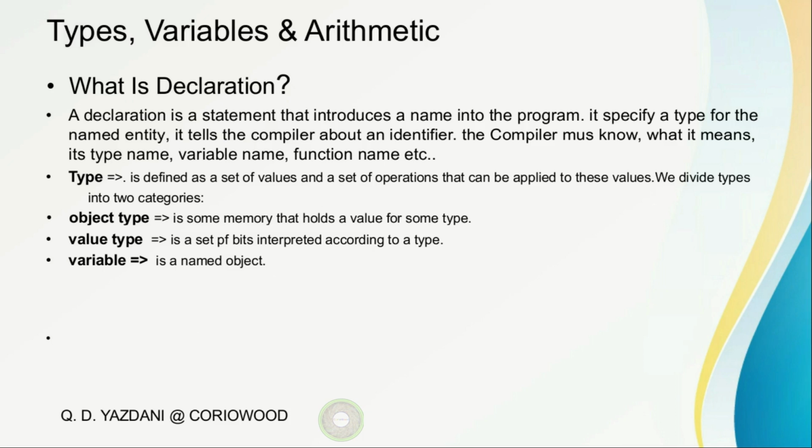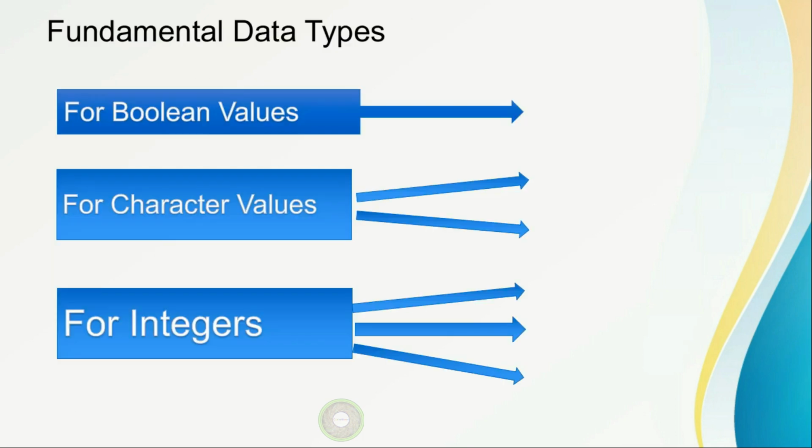I didn't want to confuse you by going lengthy into data types, floating types, double type, string type, class type, or function type. I just put it that way, because you will see these things all the time: type, object type, value type, and variable. That's how C++ begins.